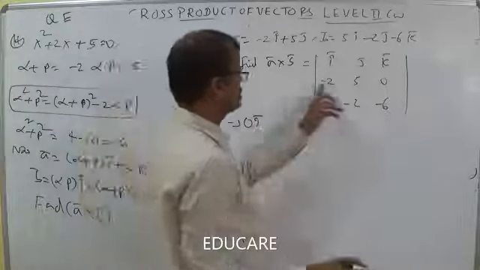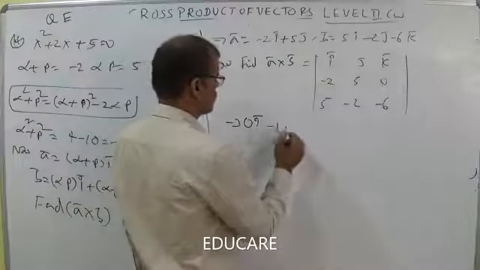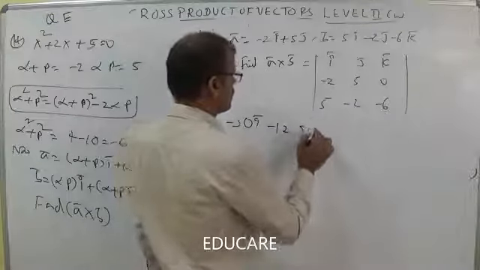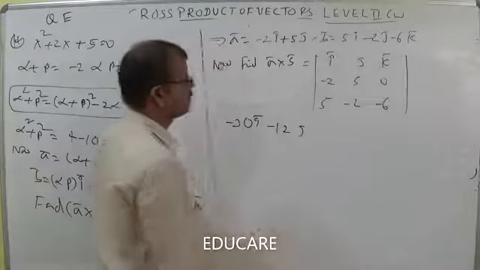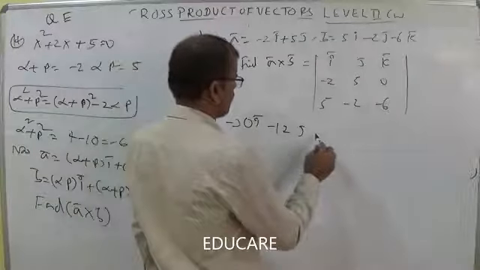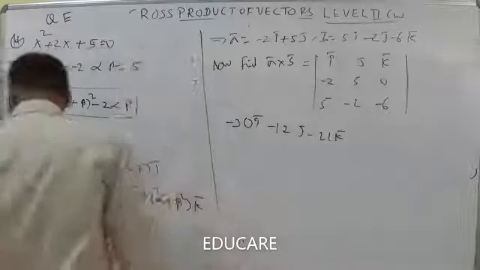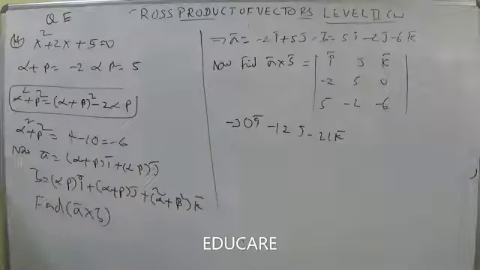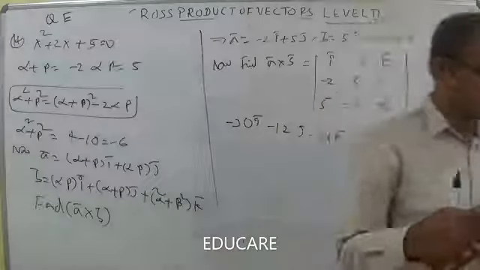Next minus j into 12, simply minus 12j plus k into 4 minus 25, minus 21k. Minus 30i minus 12j minus 21k is the third option in this question.